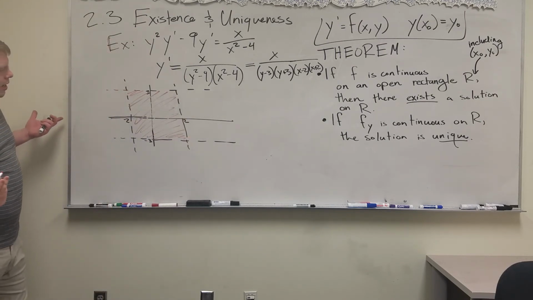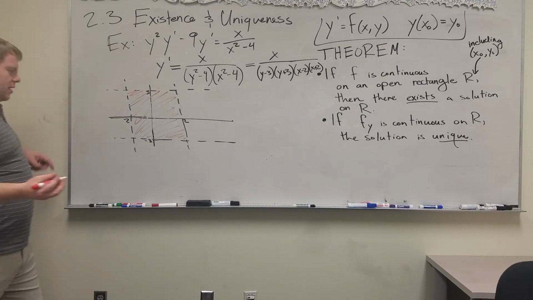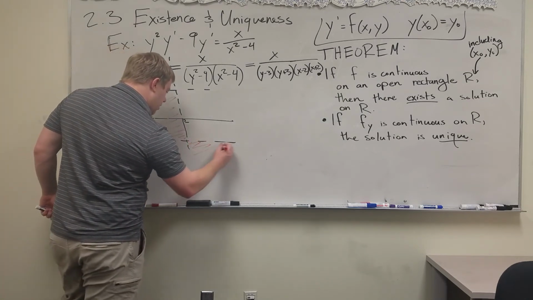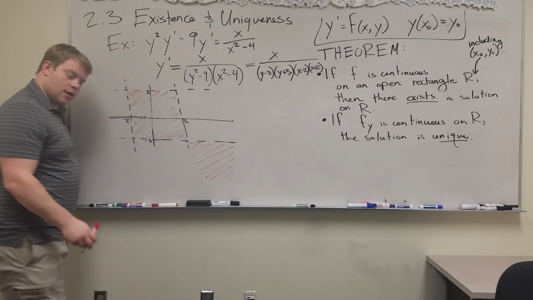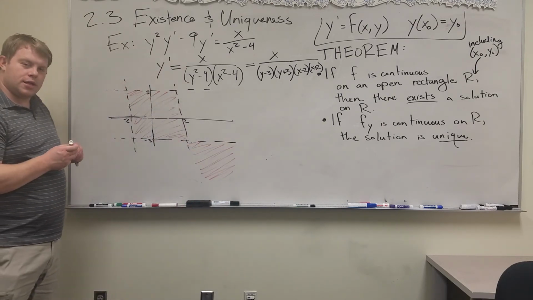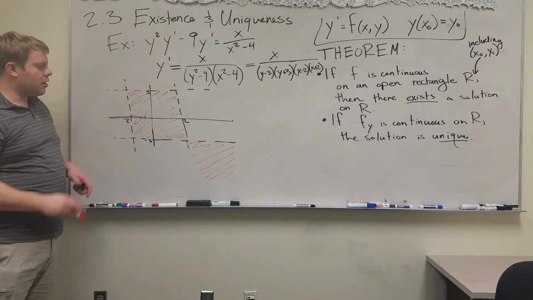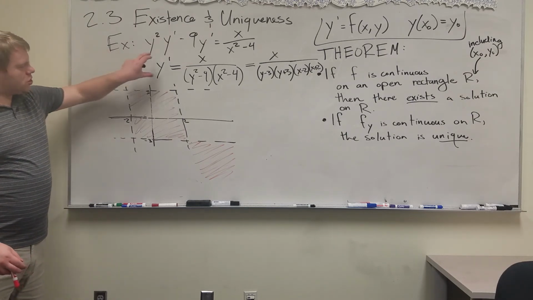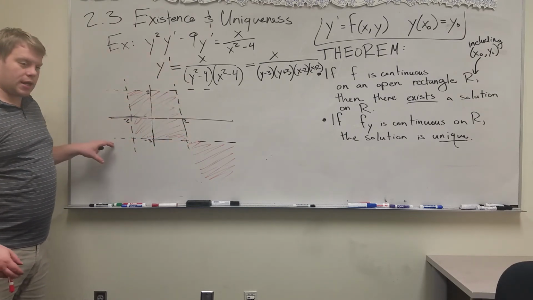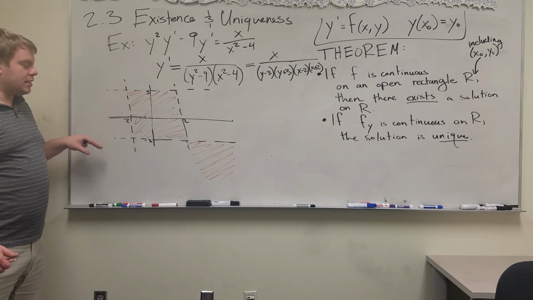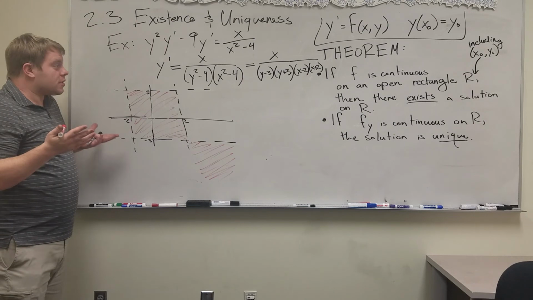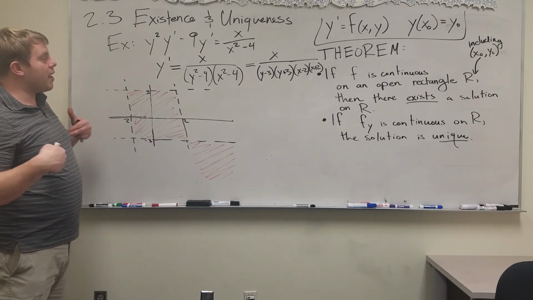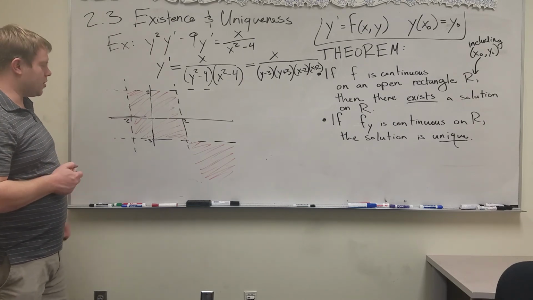But say x was bigger than 2 and y was less than -3, then I would be looking at the open rectangle over here that stretches off to positive infinity in the x direction and negative infinity in the y direction. So there's 9 total open rectangles that I could guarantee existence in, and the one that I would use for this particular example would depend on where my initial condition is.